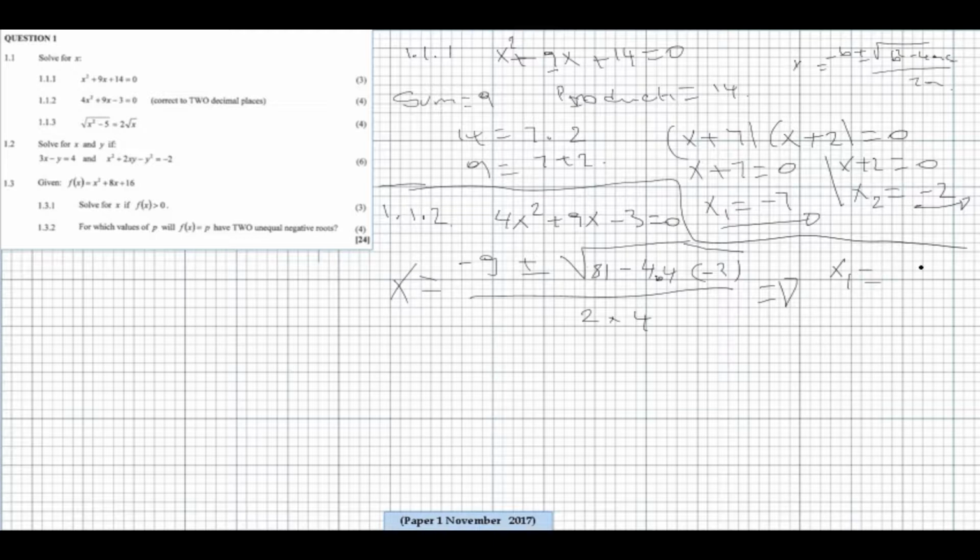For x1, if I use the calculator, I end up with negative 9 plus the square root of 81 minus 4 multiplied by 4 multiplied by negative 3.